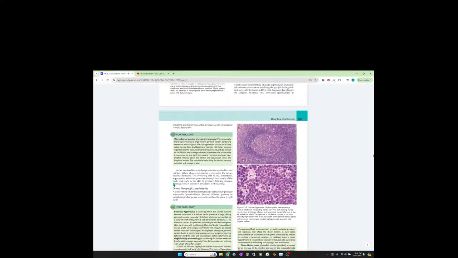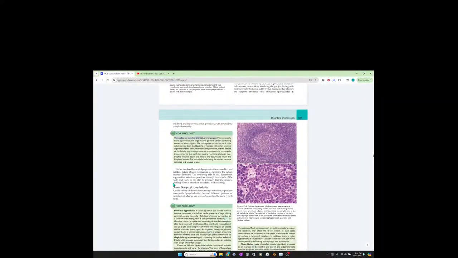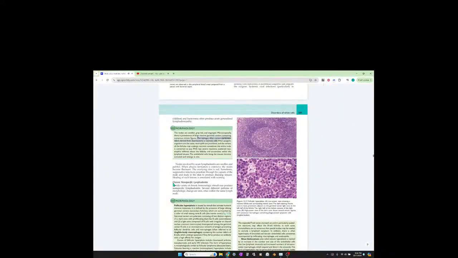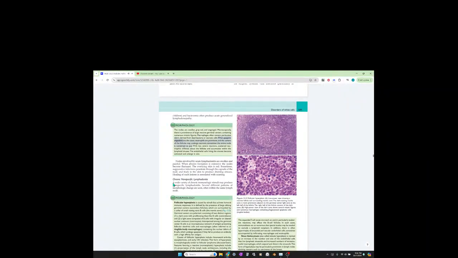Morphology. The nodes are swollen, gray-red, and engorged. Microscopically, there is prominence of large reactive germinal centers containing numerous mitotic figures. Macrophages often contain particulate debris derived from dead bacteria or necrotic cells. When pyogenic organisms are the cause, neutrophils are prominent, and the centers of the follicles may undergo necrosis.